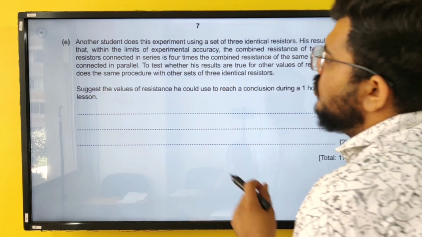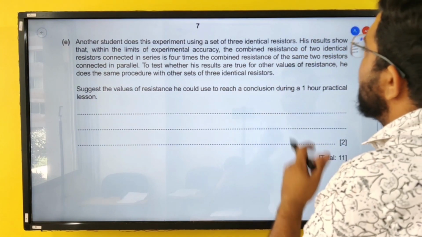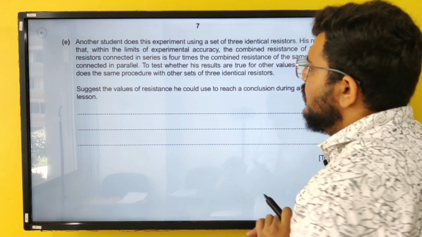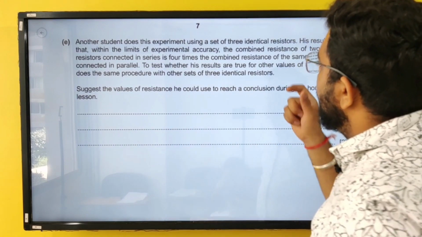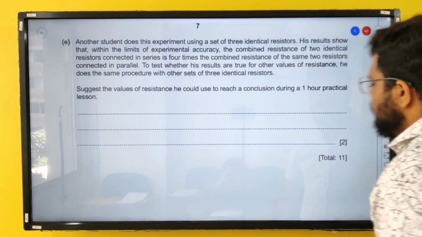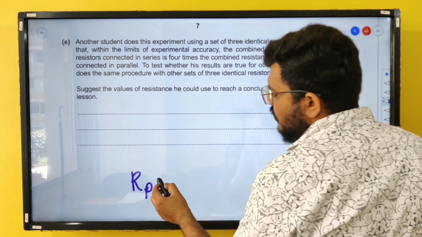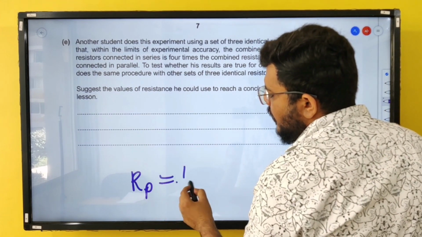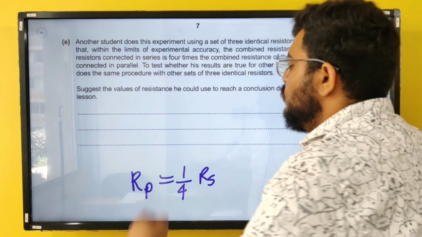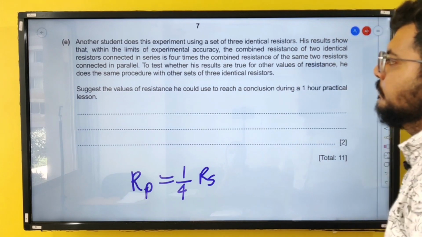His results show that, within the limits of experimental accuracy, the combined resistance of the 2 identical resistors connected in series is 4 times the combined resistance of the same 2 resistors in parallel. So he is essentially saying that Rp, the resistance in parallel, is 1/4 of the resistance in series.